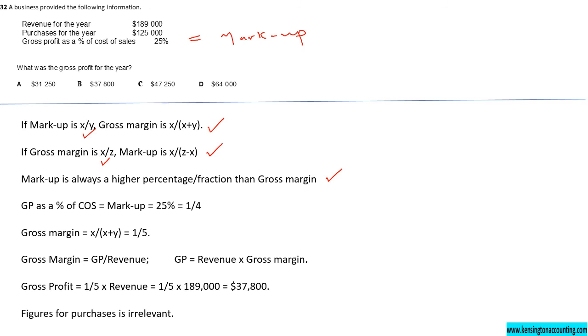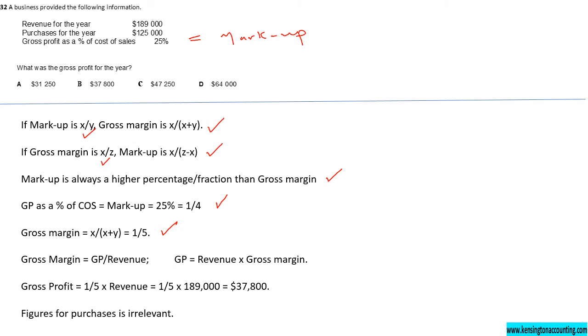Now coming back to our question, markup is 25%, that is a quarter in fraction, and gross margin using the formula above will be equal to 1/5. Now the definition of gross margin is gross profit divided by revenue. Therefore gross profit is gross margin times revenue.